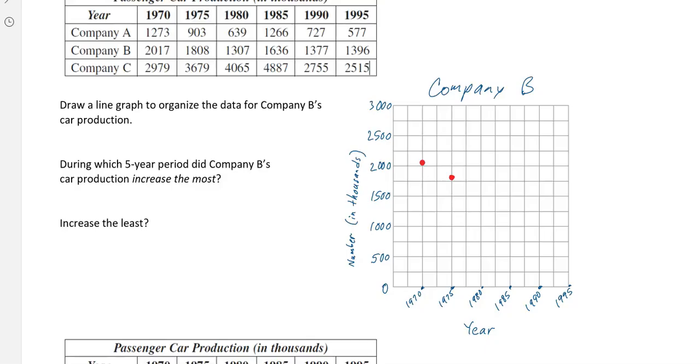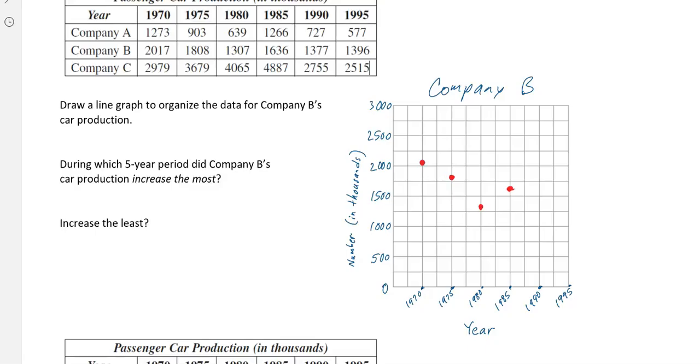So let's see, 1000, this is 1250 because it's halfway between 1000 and 1500, so just a little above that would probably be around 1307. 1985 is 1636. So I'm going to go up here to, there's 15, this would be 17, so somewhere between those two, probably pretty close.